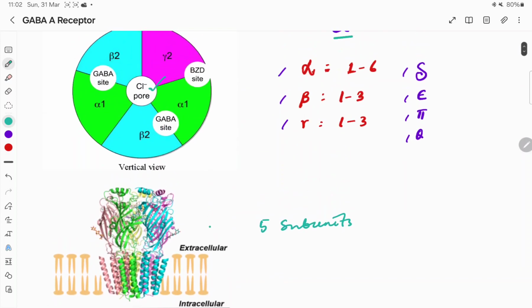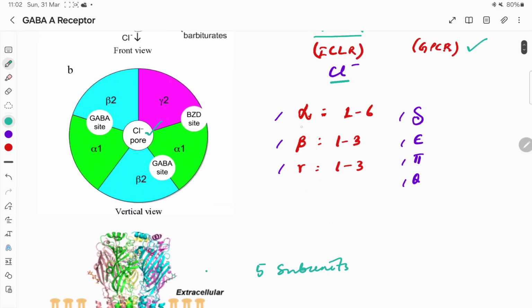These 5 subunits can be alpha, beta, gamma, delta, epsilon, pi, and theta. There are 6 types of alpha, 3 types of beta, 3 types of gamma, and one type each of delta, epsilon, pi, and theta.